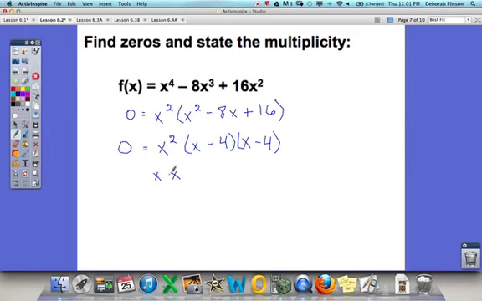Okay, so here's what I have if I write it out. X squared is x times x, times x minus 4, x minus 4. Now, this is an x to the 4th problem originally. I should have 4 answers. So I'm going to set each of these equal to 0 and solve.